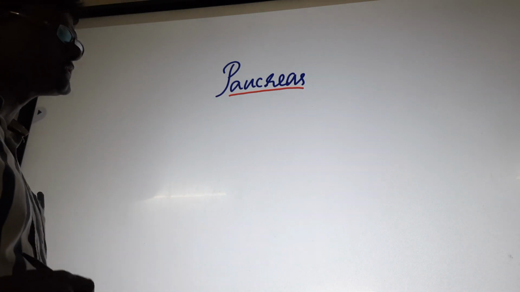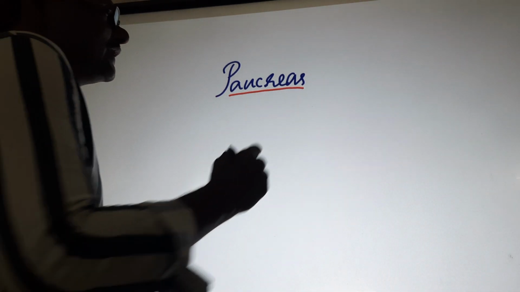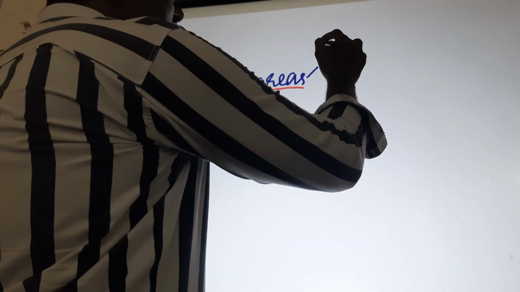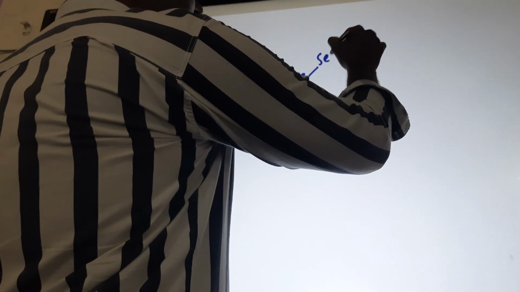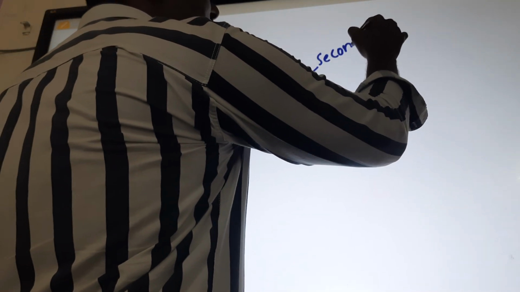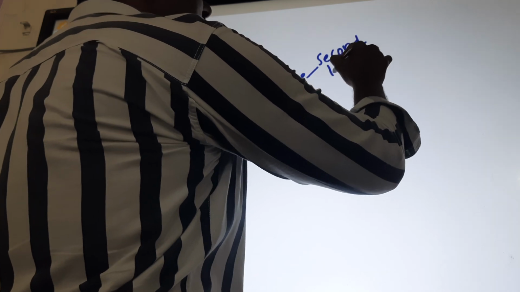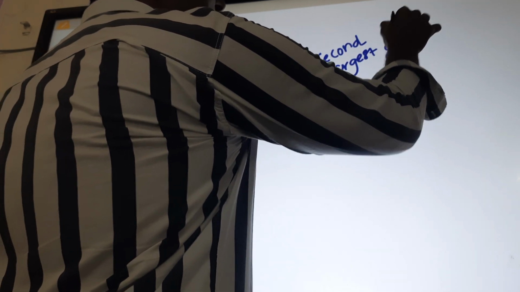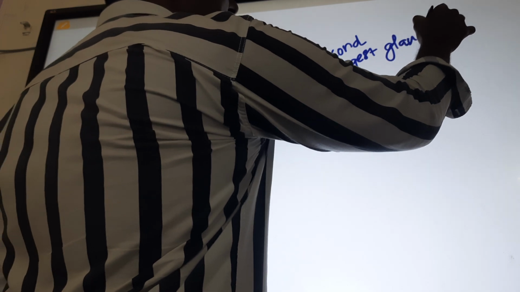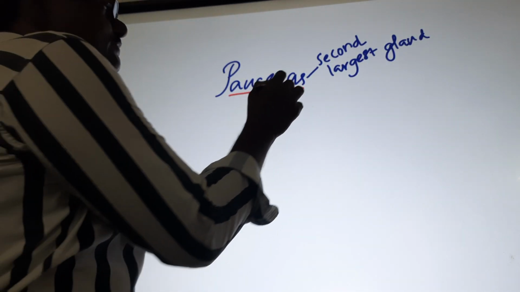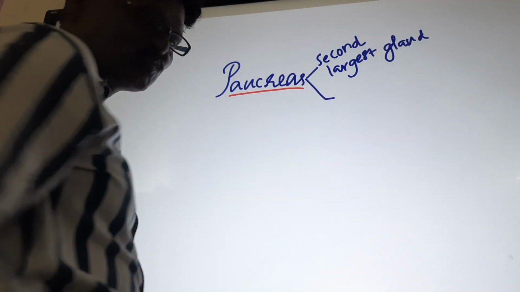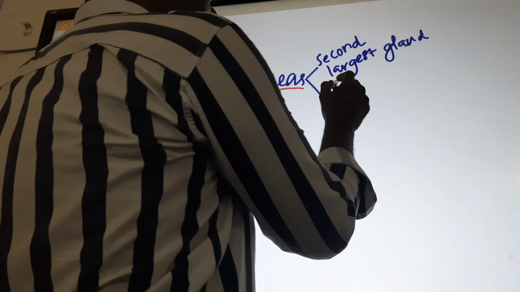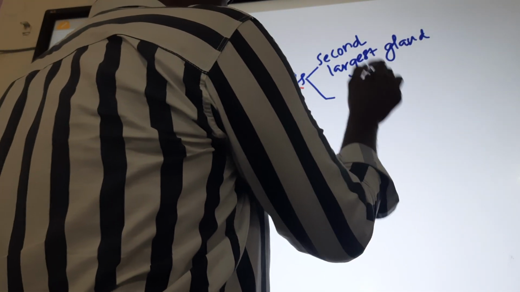So, pancreas is the second largest gland. Where is the pancreas located? This one is located at duodenum.